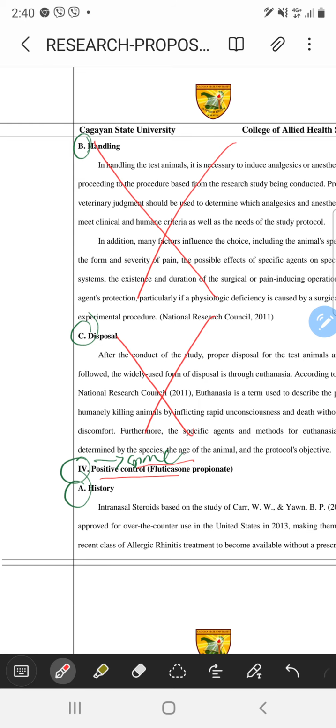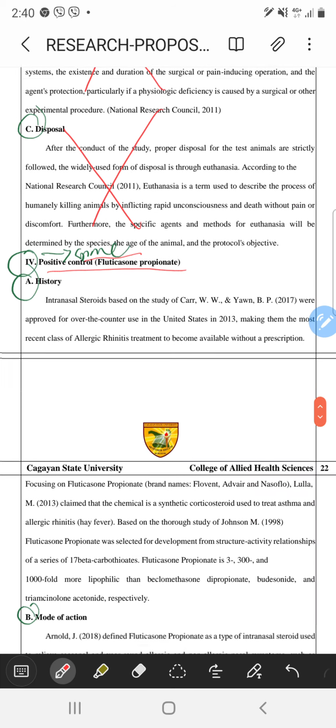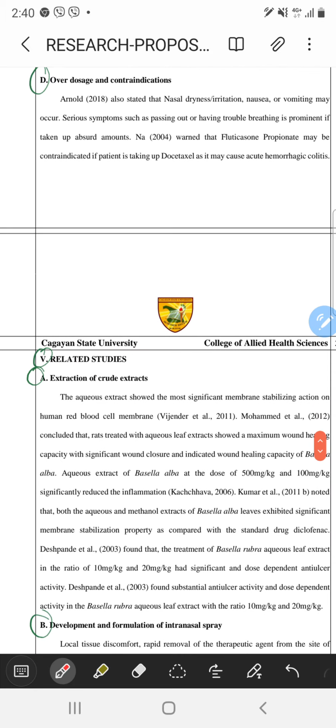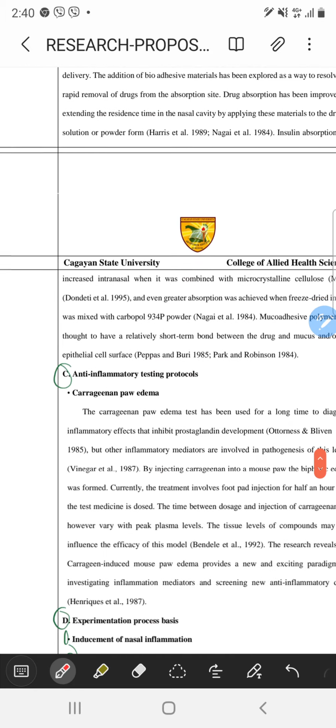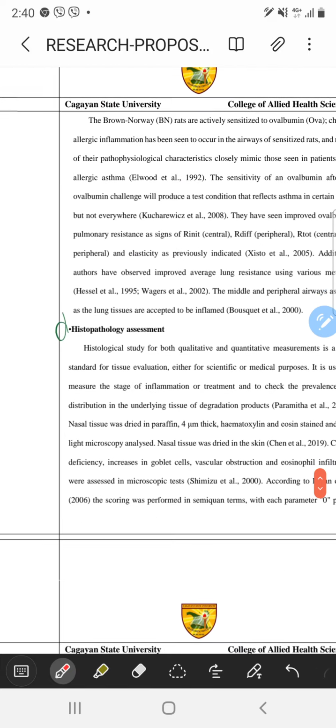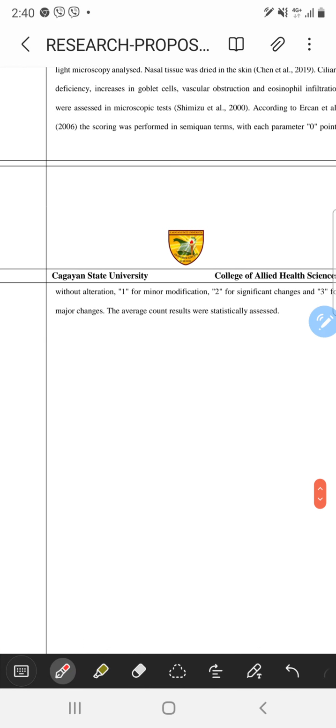The positive control, yes. Related studies, yes. Anti-inflammatory testing protocols. You can also include at this part already other allergic rhinitis protocols.